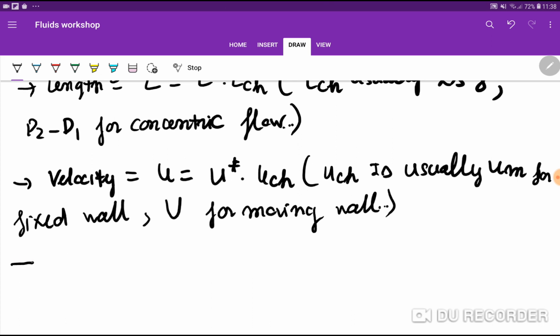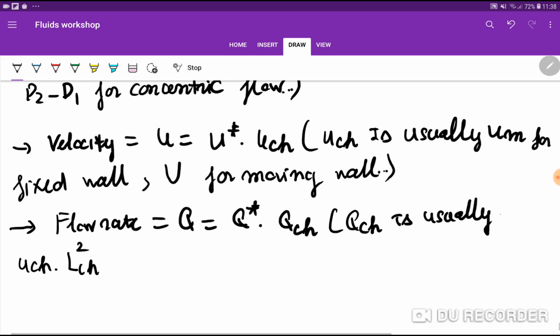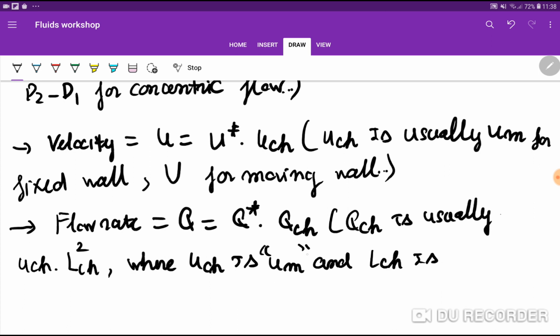Okay. How about flow rate? Flow rate is Q, right? And Q is Q star times QCH. So what is QCH? QCH is usually UCH times LCH squared, where UCH is UM and LCH is D. D stands for diameter.